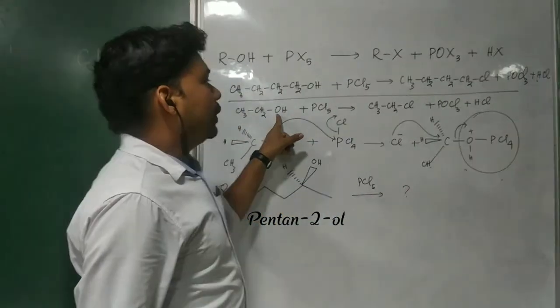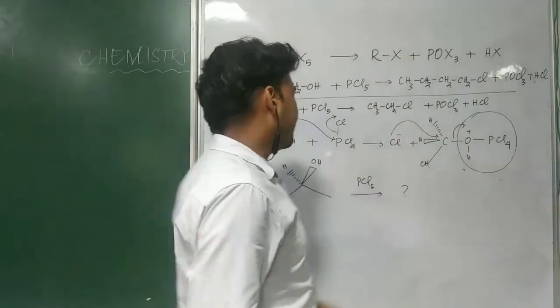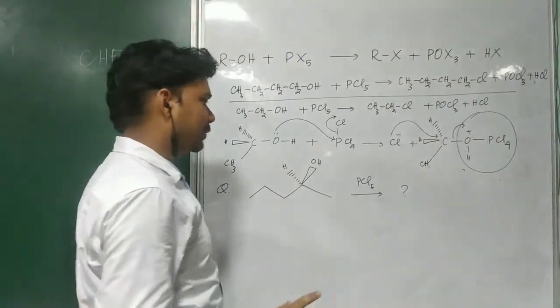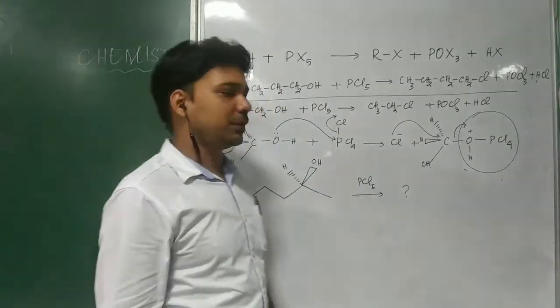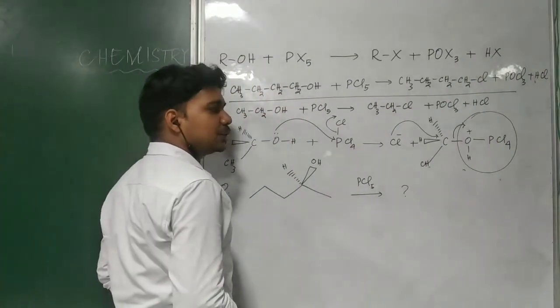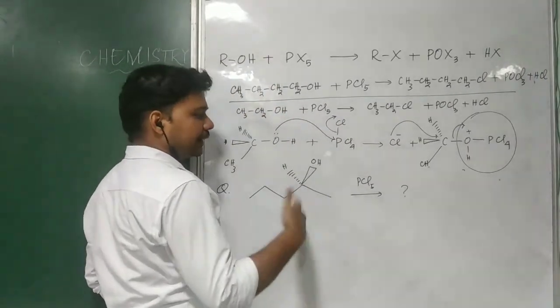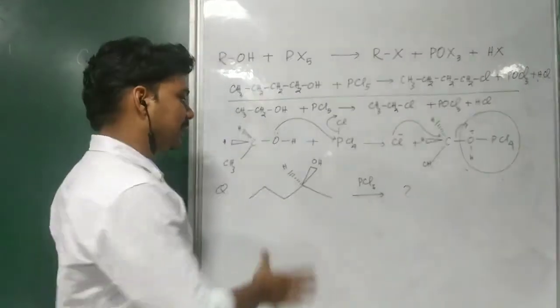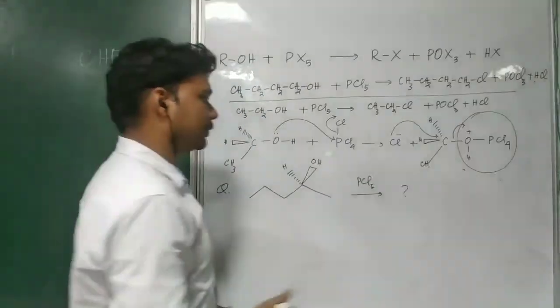Here in the place of OH we are getting Cl. So just put Cl in the place of OH, and you will get a product. But in order to specify the stereochemistry of the resulting product, we need to use the concept of the SN2 mechanism, the inversion of configuration. That is, your product will have inverted configuration as compared to this substrate molecule.